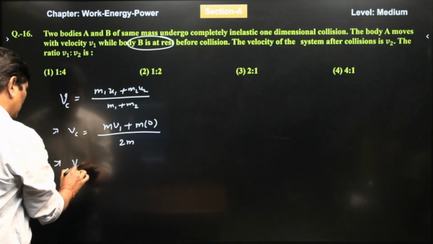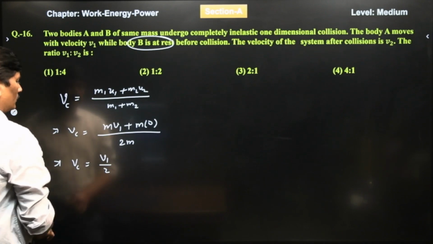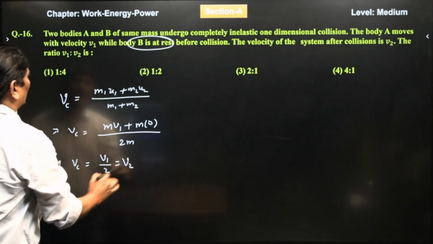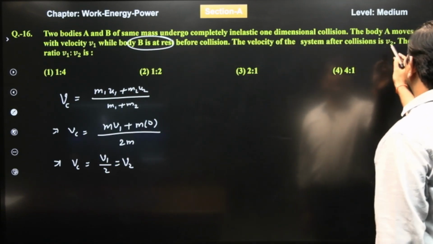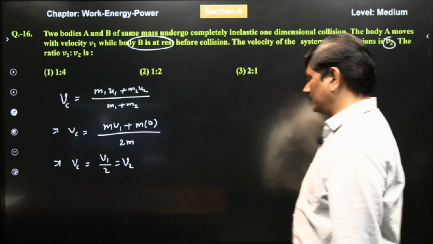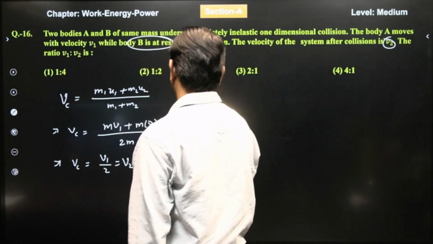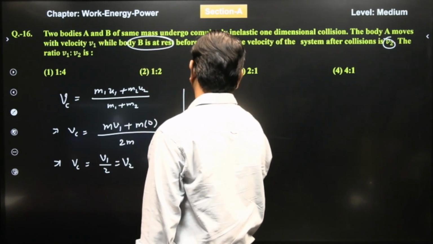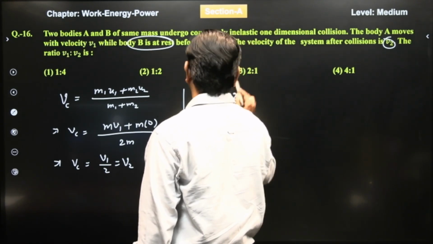So common velocity is v1 divided by 2, that is given as v2. They mentioned the velocity of the system after collision v2, that means the common velocity. Now what you have to find? v1 is to v2. So v1 by v2 is 2 by 1, 2 is to 1.